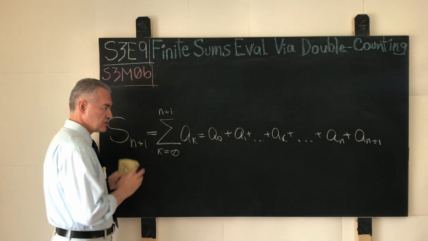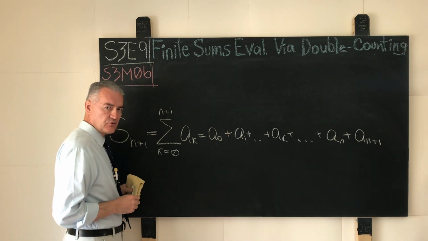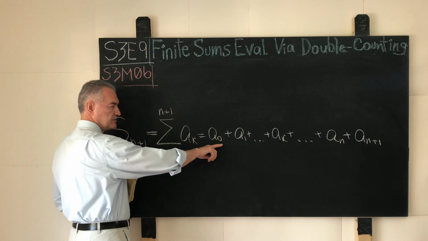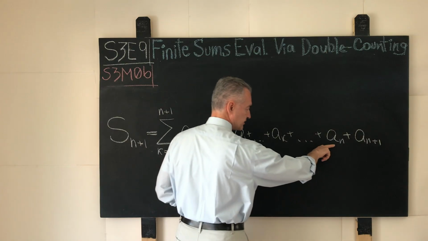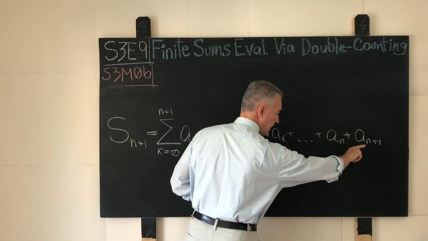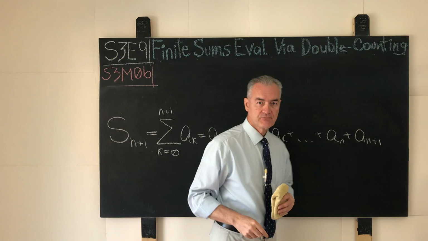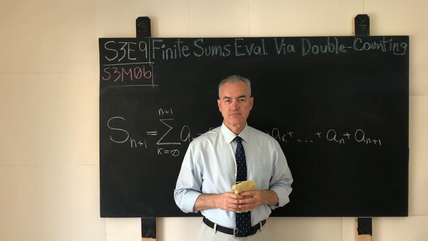And that representation, unzipped into explicit form, looks as a0 plus a1 and so on, plus ak plus an plus an plus 1.